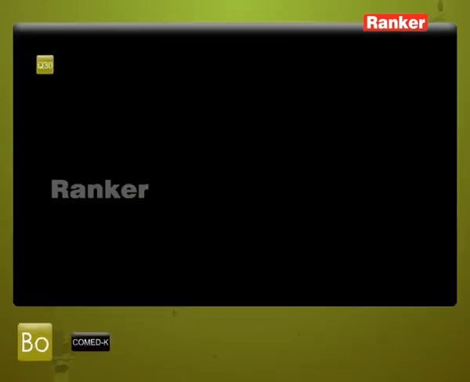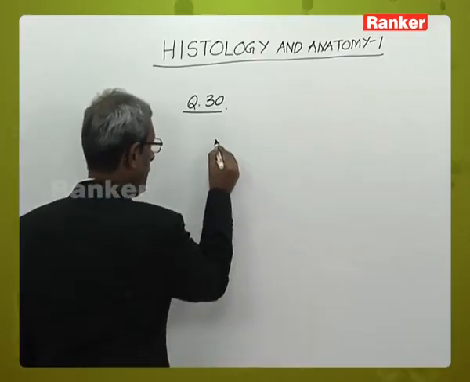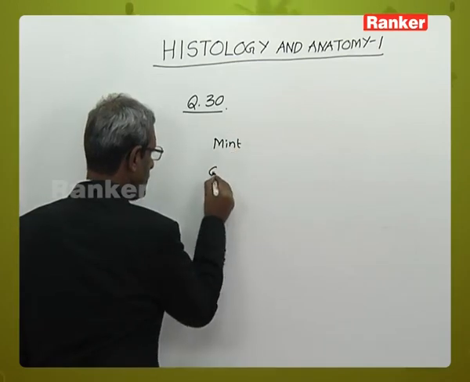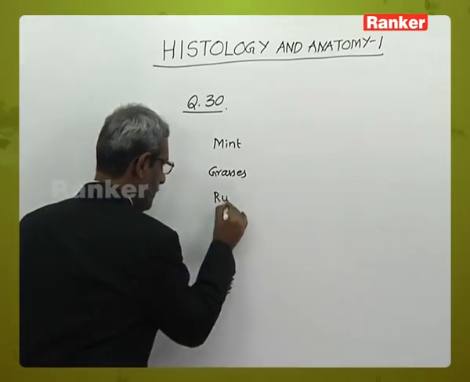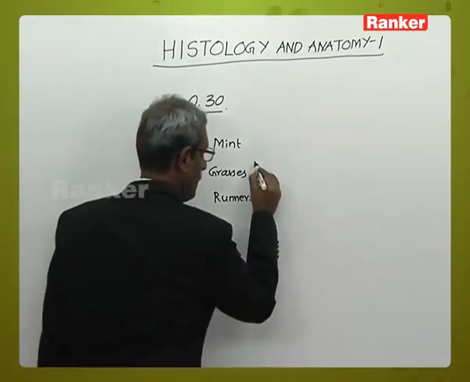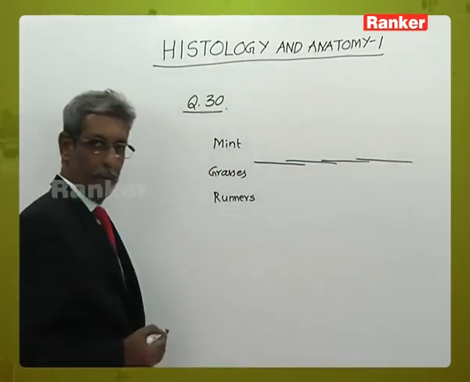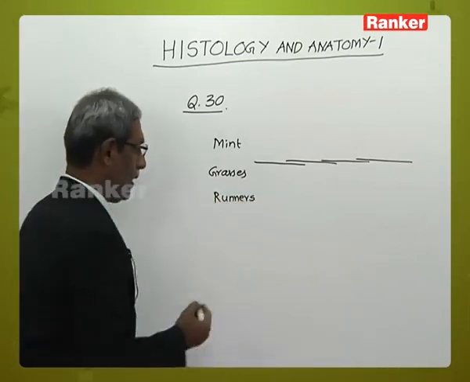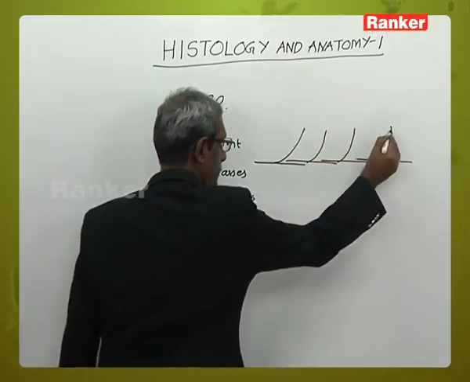Question number 30. Intercalary meristem is found in A. mint, B. grasses, C. none of the above, D. both A and B. If you take mint and grasses, both of them are runners, and when you look at the stems, the stems grow laterally along the soil and they give branches at specific points.